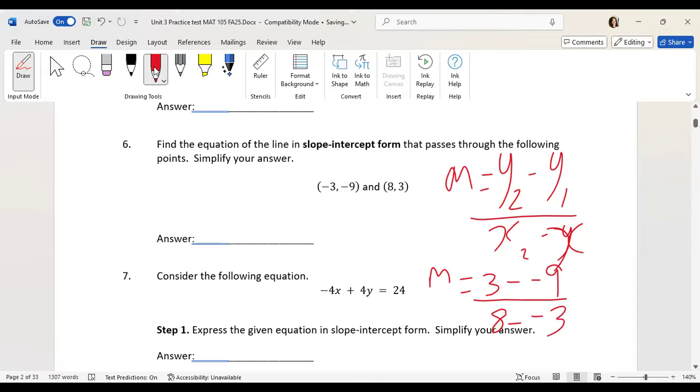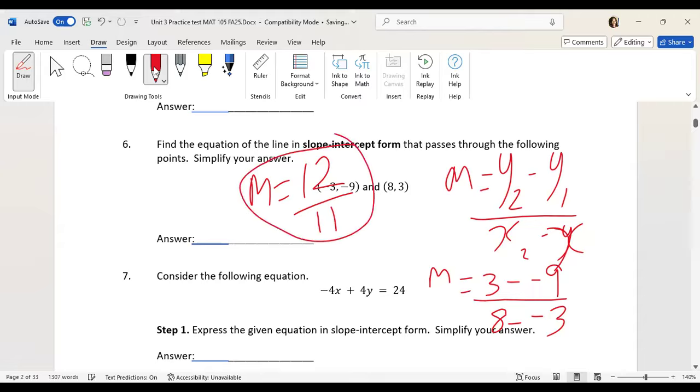So I have minus minus in the numerator and minus minus in the denominator. So I'm going to be adding: 3 plus 9 is 12, and 8 plus 3 is 11. So the slope is 12 in the numerator divided by 11 in the denominator. So I have the slope. The slope is 12 over 11.